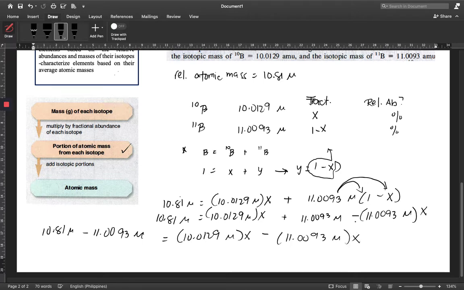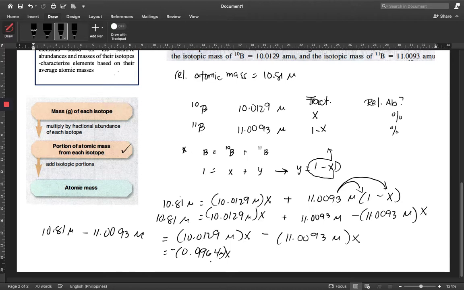And so what do we have for x? 10.0129 minus 11.0093. What we get is 0.9964, rather negative 0.9964 amu x.